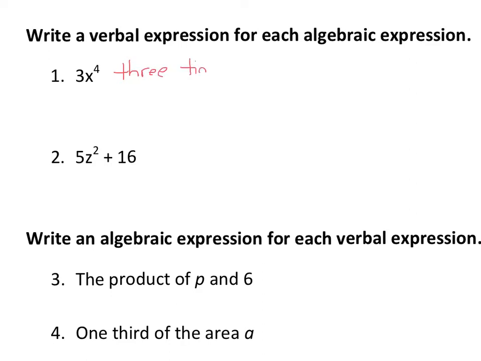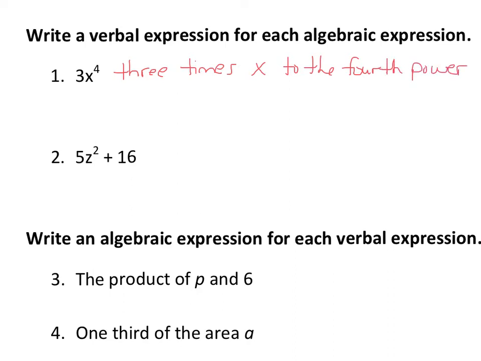You can't just say 3x. You have to say 3 times or the product of 3 and x. So 3 times x to the 4th power.